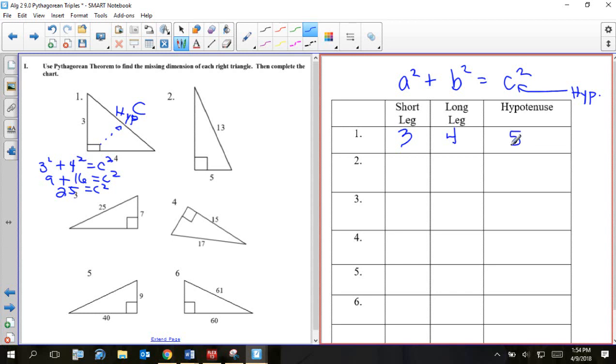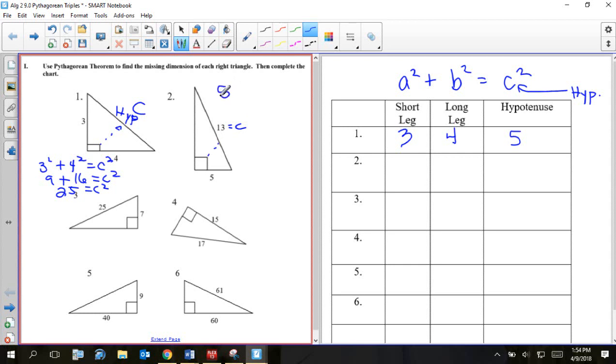So the next one. Does anybody happen to know a triple that has 5 and 13 as the hypotenuse? You know it. Did your teacher make it? You learn them last year? Good. And that's my goal, if you didn't learn them last year, that you learn some of them now. So when you look at this, 13 is the C, because it is the longest side, it's across from the 90 degrees.